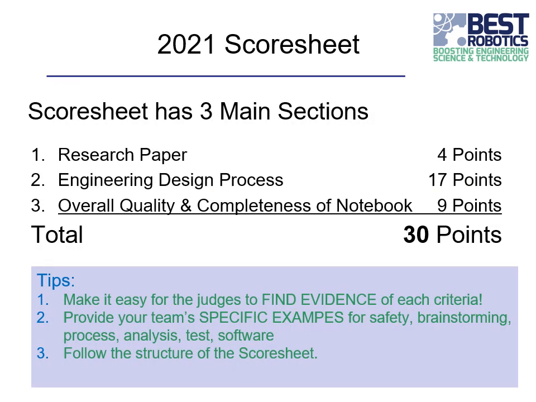So associated with those evaluation criteria and the specification, there's a score sheet that the judges use. And it has 3 main sections, and I'm going to show you those. You can see that the engineering design process of the 30 points is the biggest section. And the research paper has its own scoring, and quality and completeness.